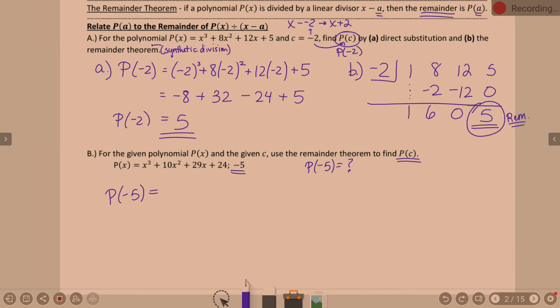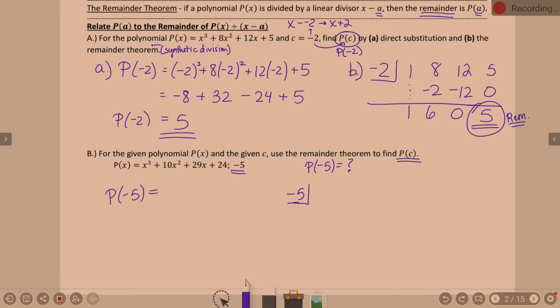I could do P of negative 5 and plug it in, or I can set negative 5 up for synthetic division. You have your preference? Which one should I go? The right. The right is much easier. Good. I'm trying not to persuade you guys one way or the other, but I prefer synthetic division.